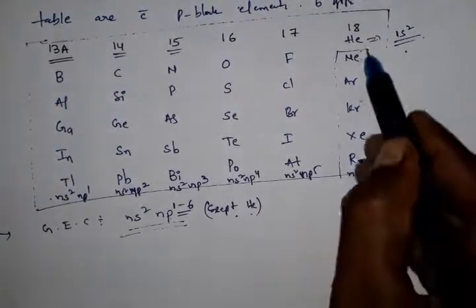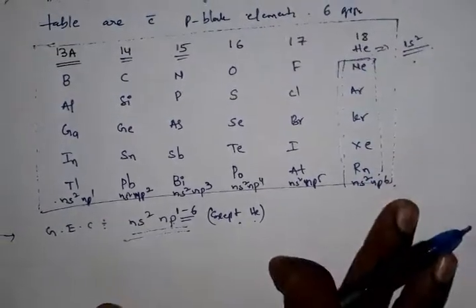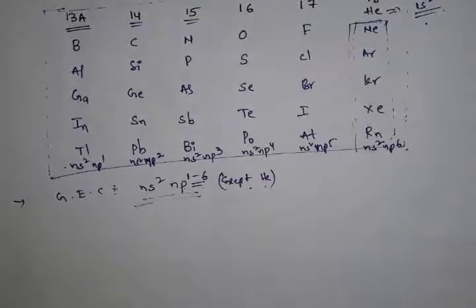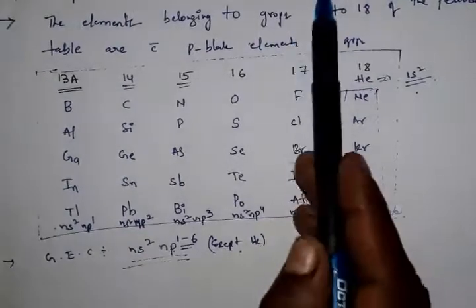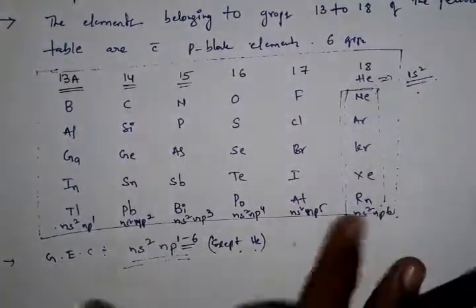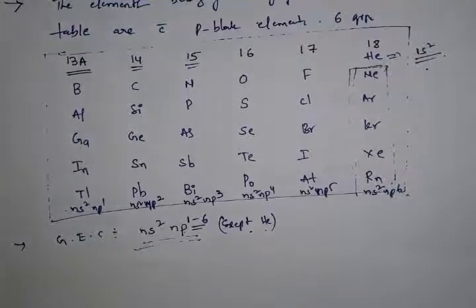That's why helium is considered a p block element. In the p orbitals the maximum number of electrons is 6, that's why there are 6 groups here.